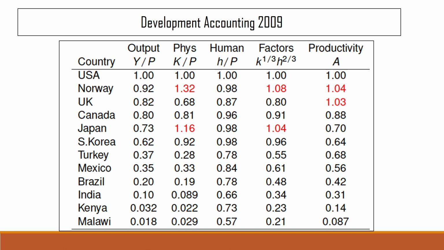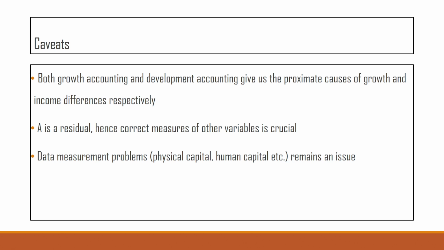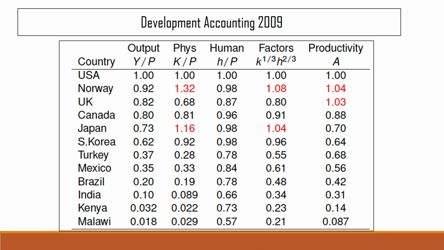But since for output we have to compare both the factors and productivity, for Japan, when we combine all these factors together, then its output per capita is about 73% that of US. So it is less than that of US. Okay. So these kind of pictures emerge from tables like this.